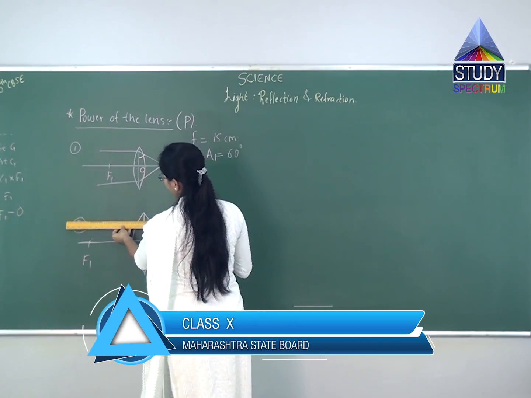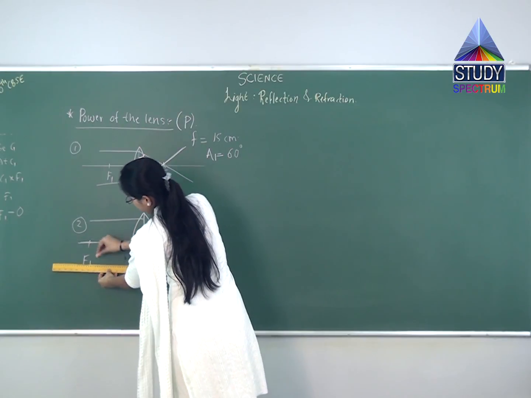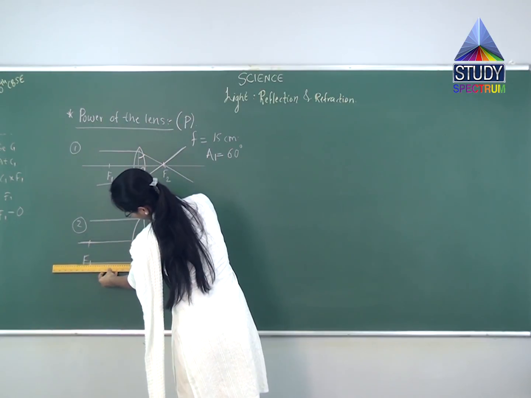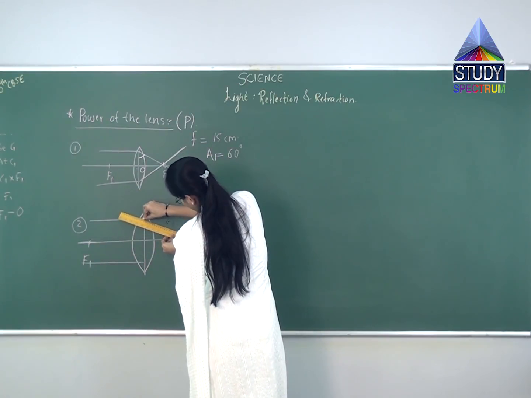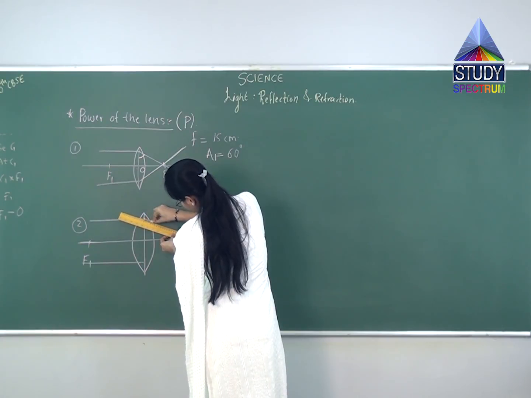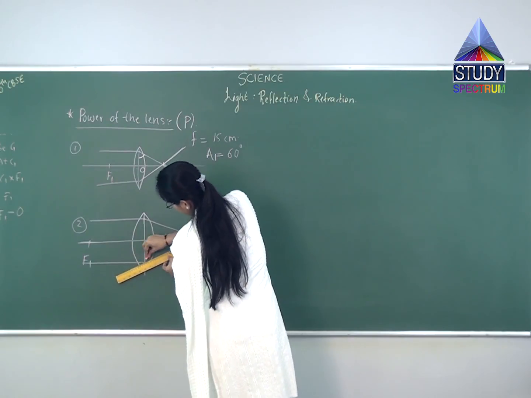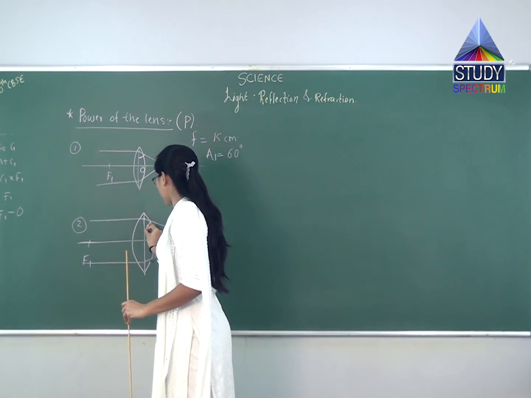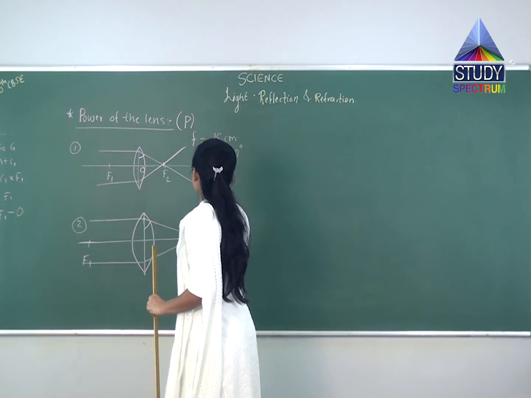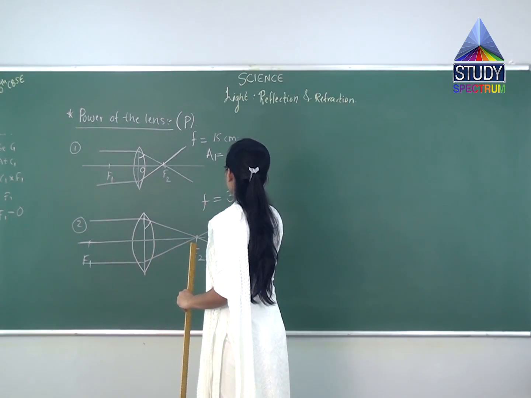Again a parallel beam will be incident on the lens and it will get refracted through the focus on the other side. Now you can consider this angle again. Suppose the focal length here is 30 centimeter, double of the first.